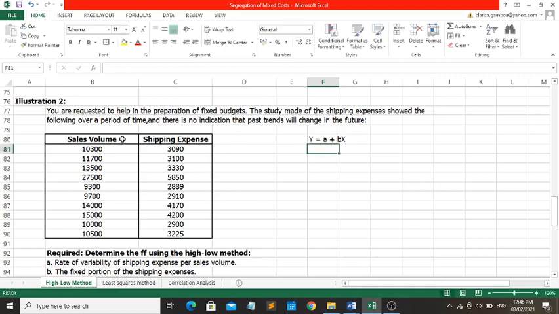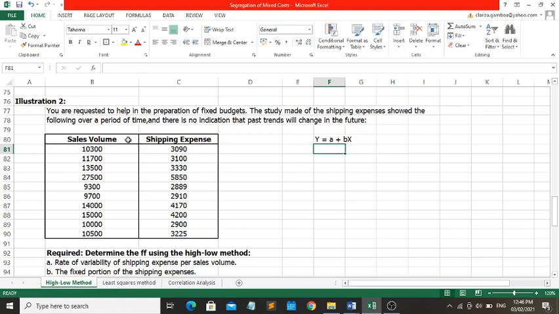So, ano dito yung X or ano yung titignan natin dyan para malaman natin yung highest and lowest point? Sales volume ba o shipping expense ba? Okay, so dahil ang Y ay cost or expense, so malamang si shipping expense, ito yung ating Y. And yung sales volume natin, ito yung ating X. And ito ang ating magiging basis sa paghanap ng highest and lowest point.